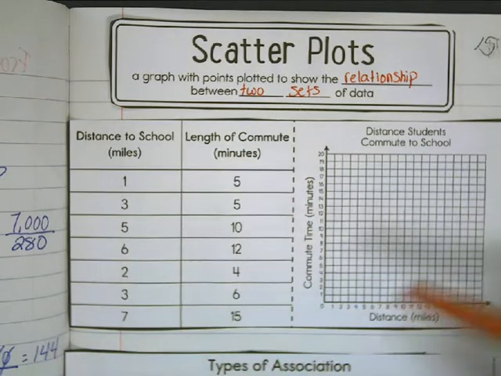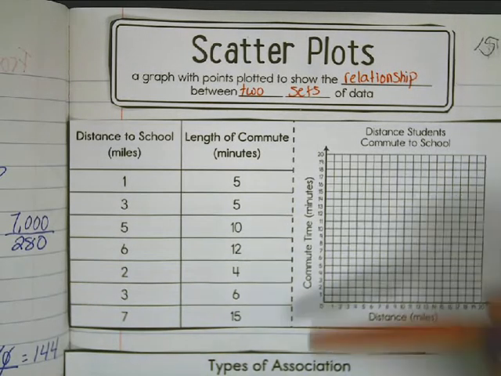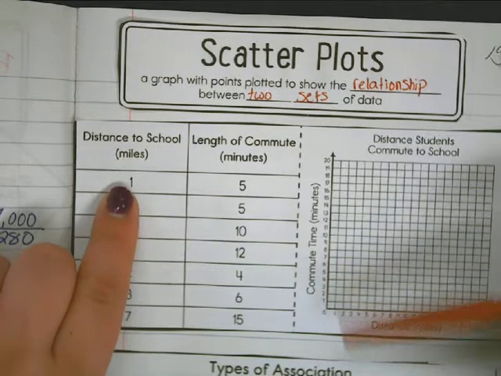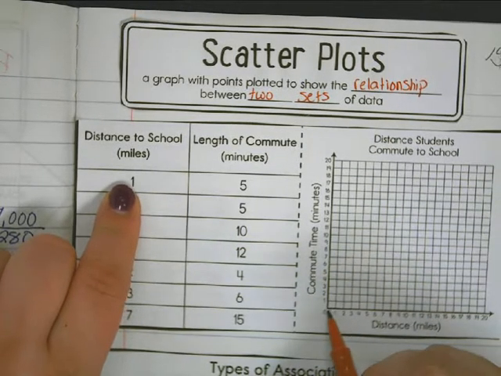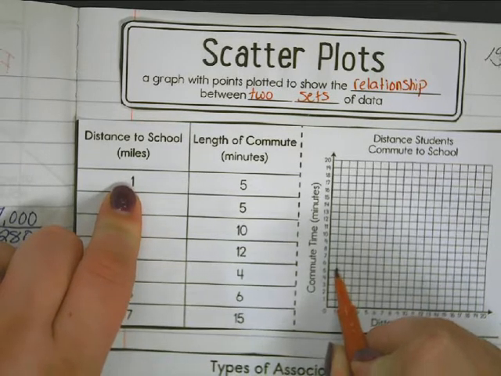So if we look at the bottom, along our x-axis is our distance in miles, along our y-axis is the commute time. So my distance to school in miles is 1, so along my x I'm going to 1, and then I'm going up to 5, and I'm placing a dot.